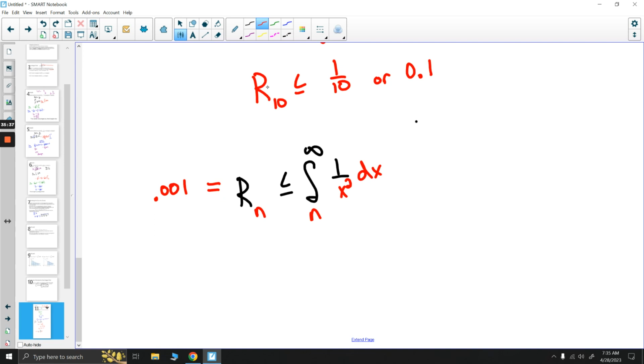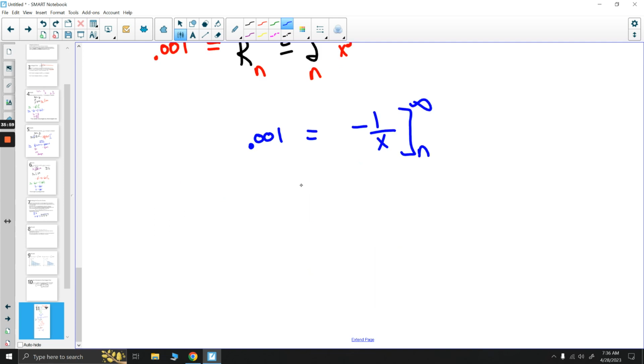Okay, so we're going to integrate this thing from n to infinity. Again, this integral is going to be, so 0.001 is equal to negative 1 over x from infinity to n here. So 0.001 is equal to negative 1 over infinity minus negative 1 over n.